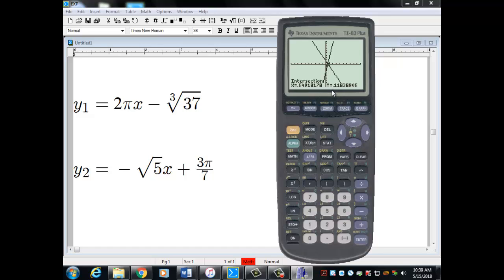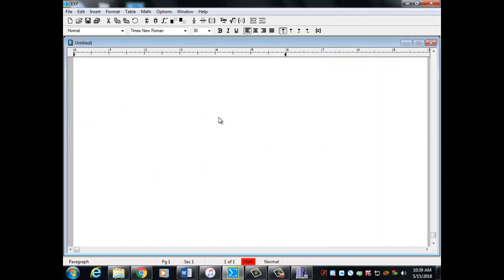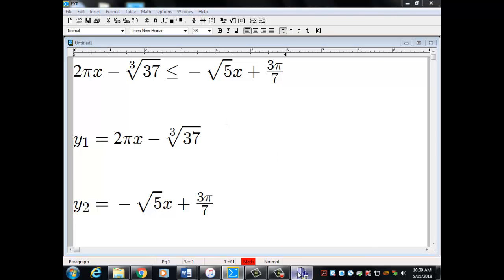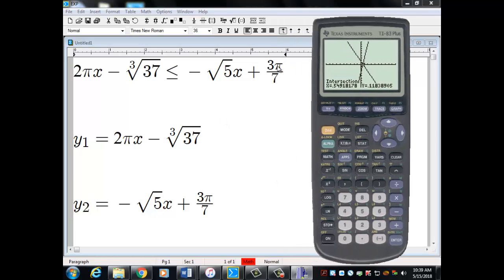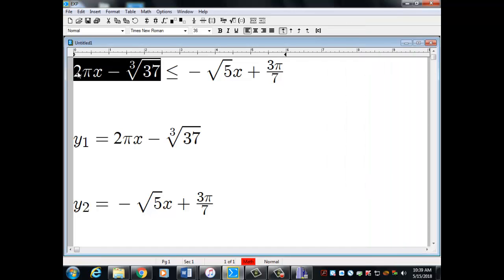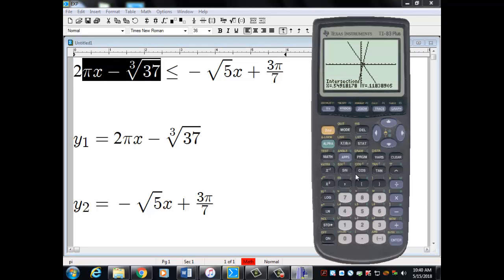Okay? Now, here's the critical part. As I look at this, I got to figure out when the left side is less than the right side, and for some people, they don't know which line's which. All right?